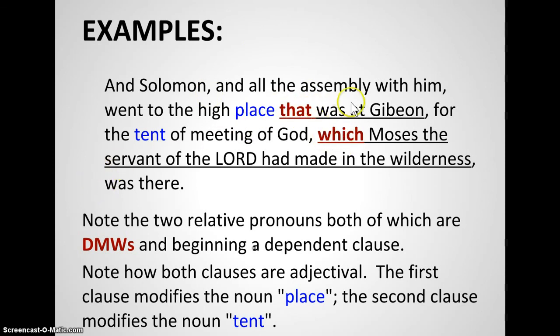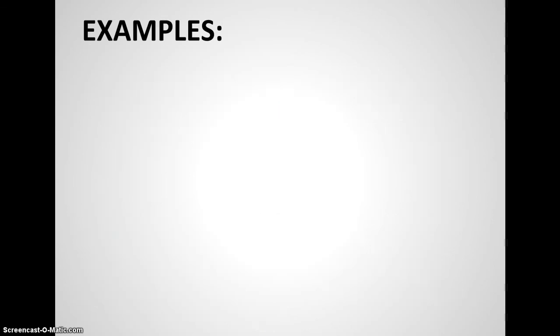And this first one, that was at Gibeon, is telling us about place. It's modifying the noun place. And which Moses the servant of the Lord had made in the wilderness is telling us about tent. It's modifying the noun tent. So those are both dependent clauses functioning adjectively, and we call them relative clauses because they begin with relative pronouns.